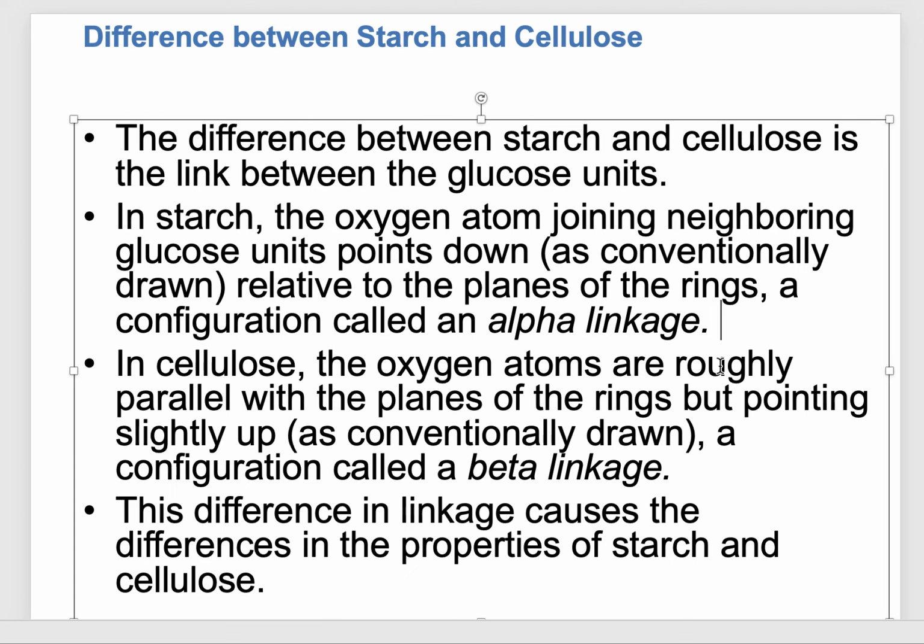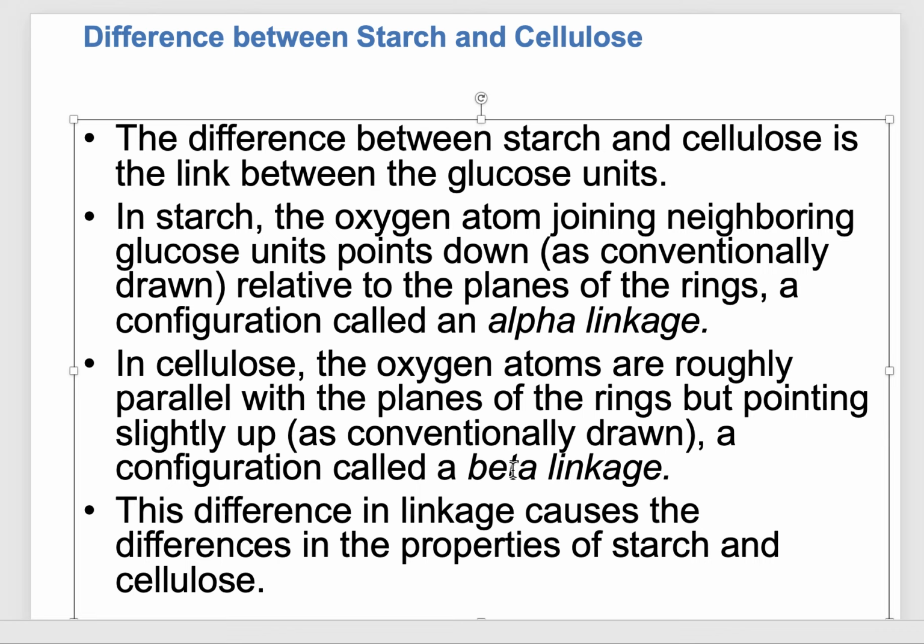Now, however, in cellulose, the connections are different, and it points up. The OH points up, we call that beta linkage. If you remember beta linkage in cellulose, that's good enough, and that's the difference.